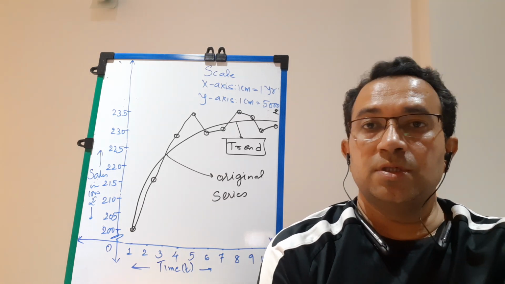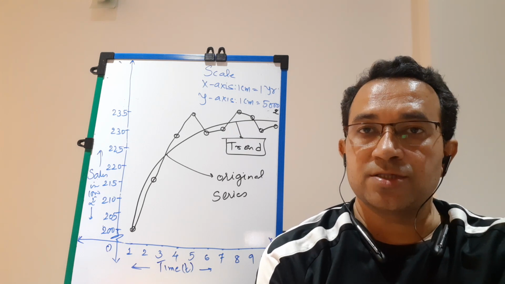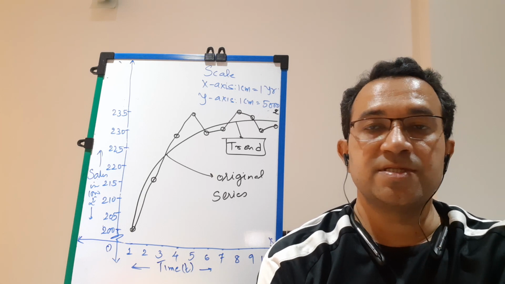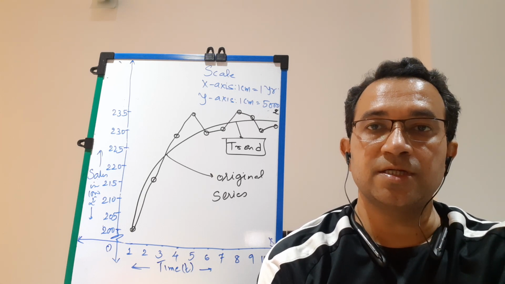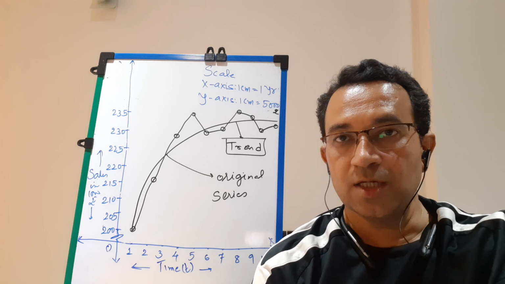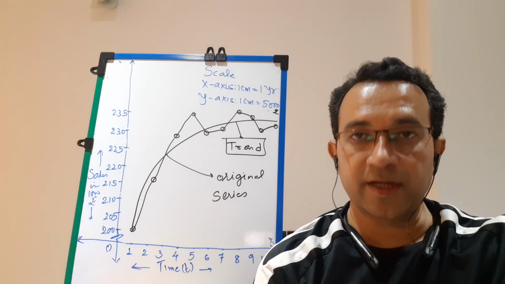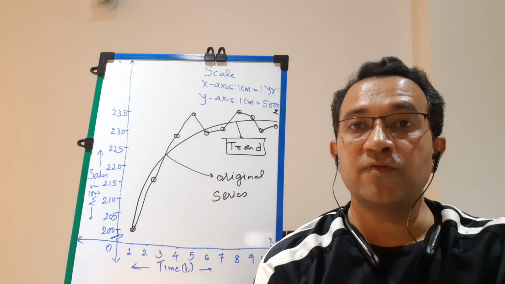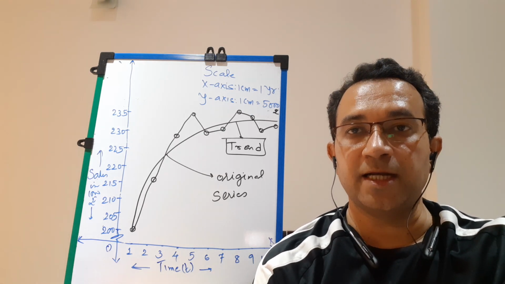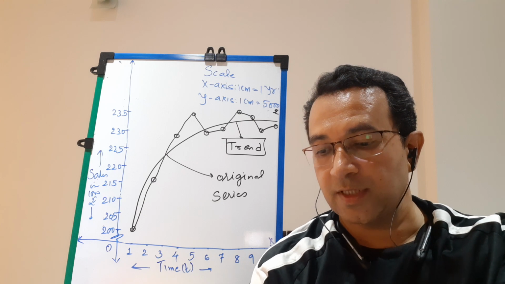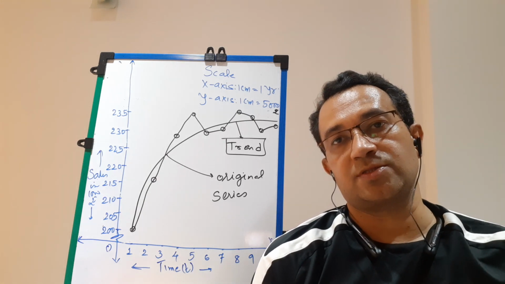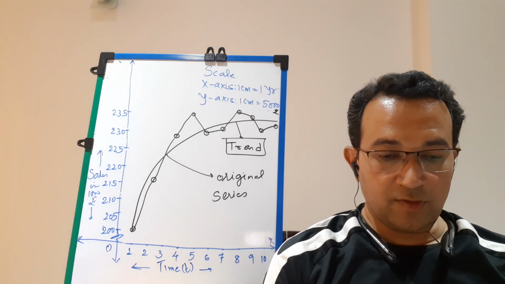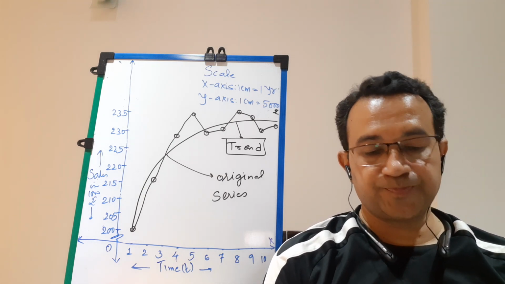In the graphical method, we had a limitation that different persons may draw different trend lines, hence the estimates may differ, and interpretations and conclusions may also vary. So the graphical method is not a perfect method to fit a trend line. The perfect method to fit a trend line is the method of least squares. So today we are going to first discuss the method of least squares.